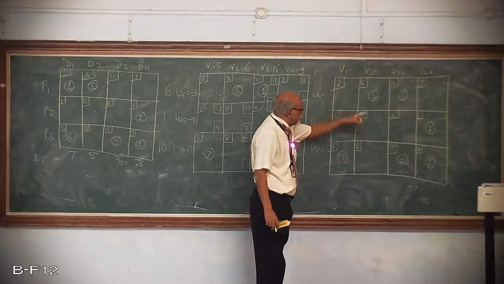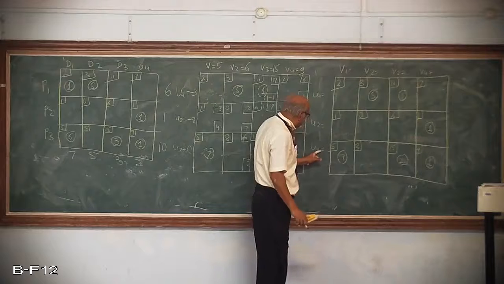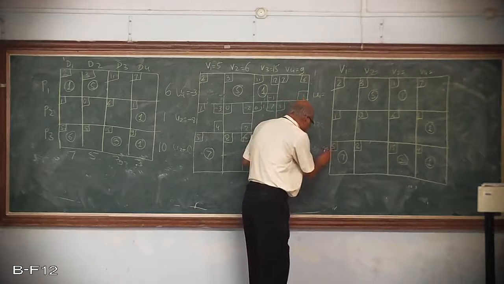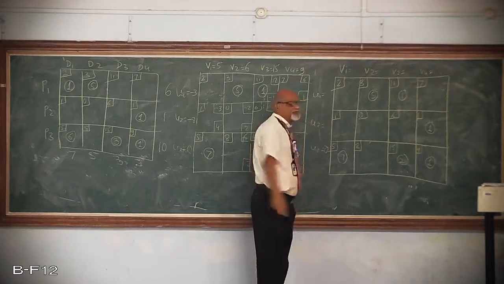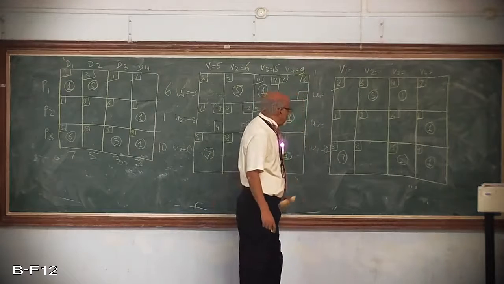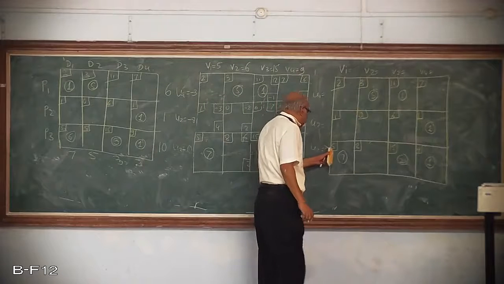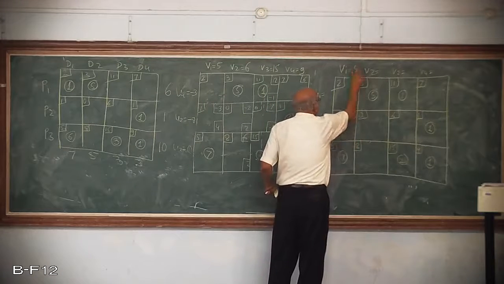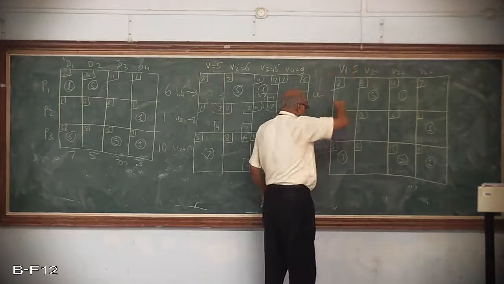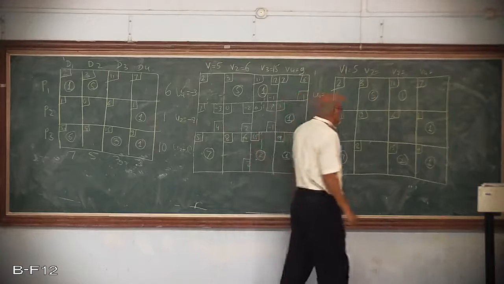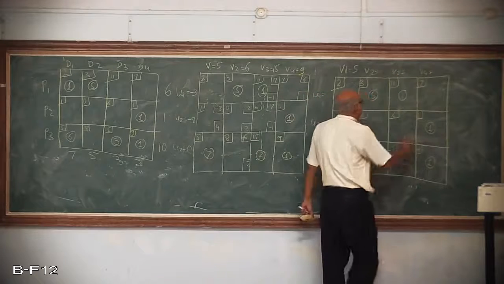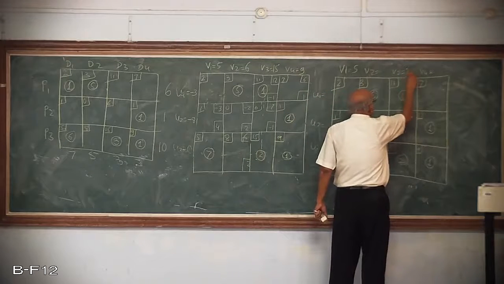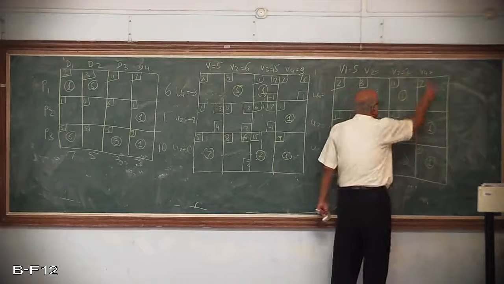Wherever the maximum allocations are there, again it happens to be U3. I will consider U3 equal to 0. And now, once I consider U3 equal to 0, what is going to be the value of V1? It is going to be 5. What is going to be the value of V3? It is going to be 6. This one is 9.